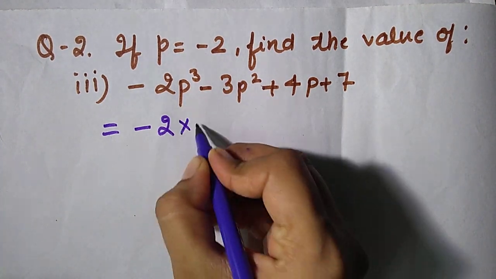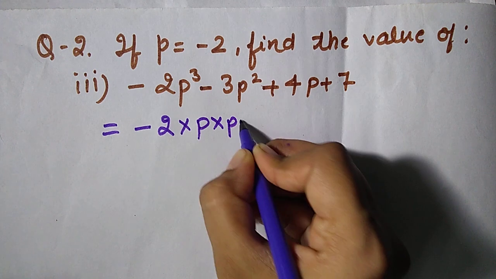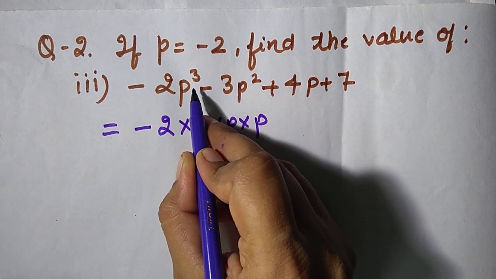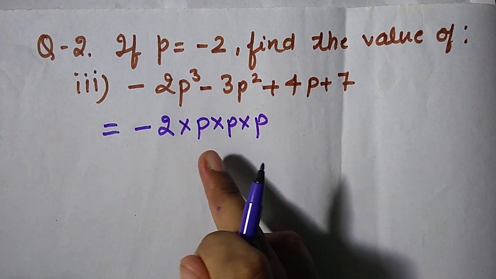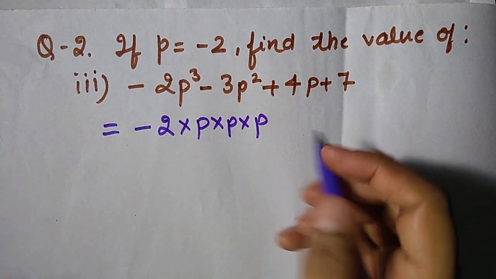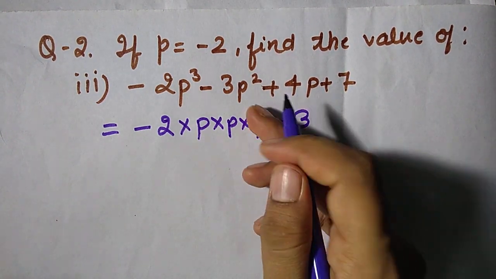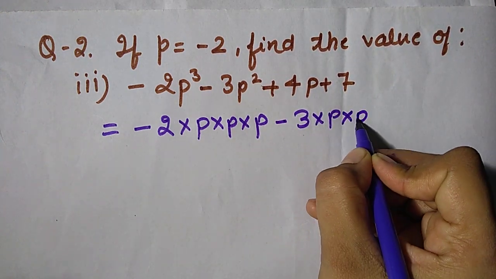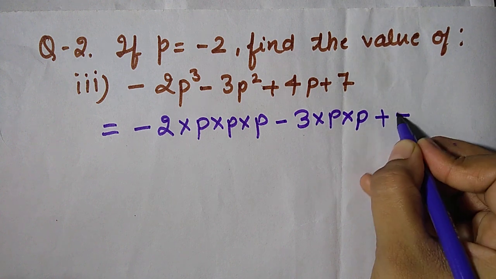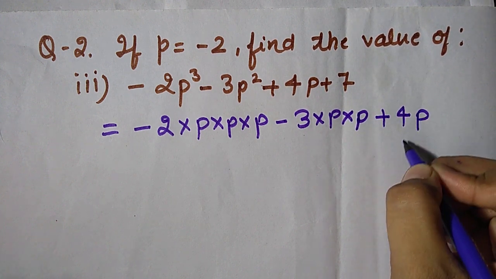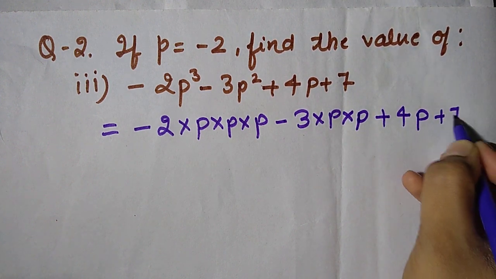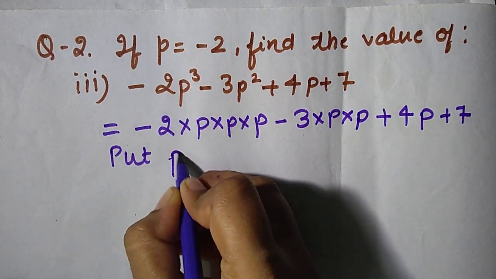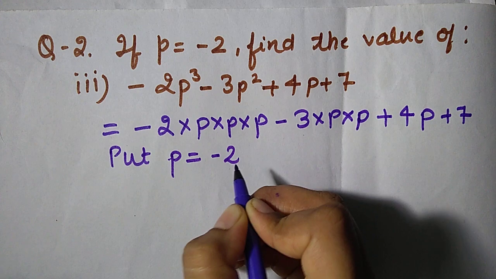This can be written as p into p into p, because p cube means p is multiplied 3 times. Same I have written, p is multiplied 3 times. Now 3p square means p into p, then plus 4p, or you can say 4 into p, plus 7. Then I will put p equals minus 2 as this is given in the question.